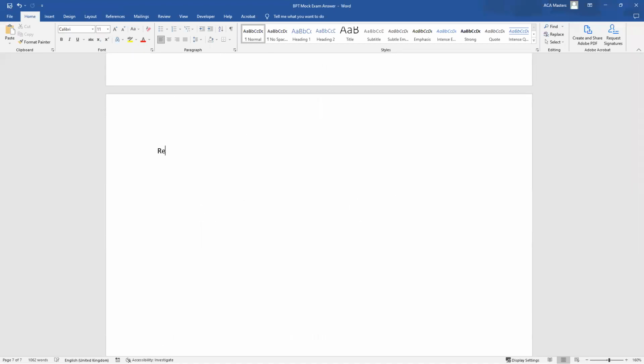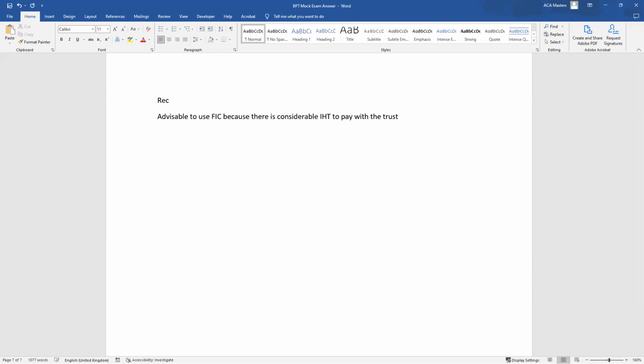So maybe as our recommendation, and we should always have a recommendation when you've got different alternatives, you can say it's advisable to use the family investment company because there is considerable IHT to pay with the trust, and this will reduce cash available for investments as well.